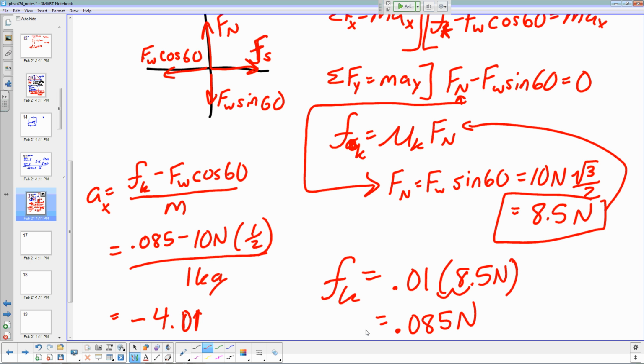Is that right? Y'all are helping me out. Yeah, negative 4.915 meters per second squared.